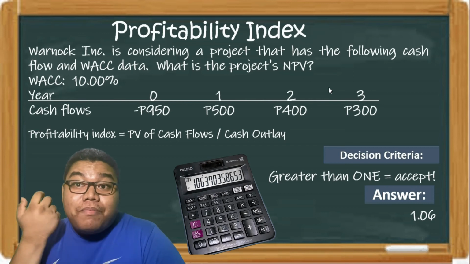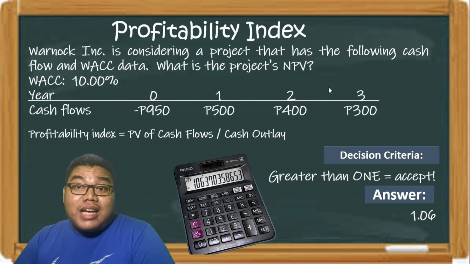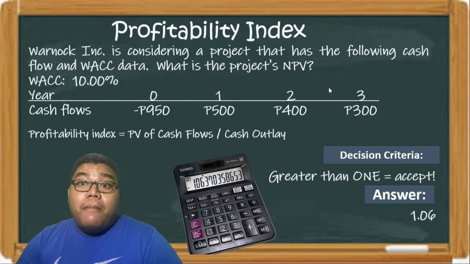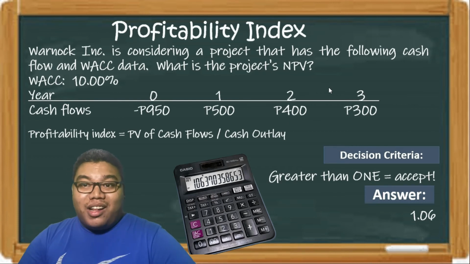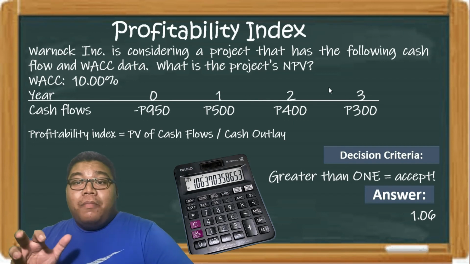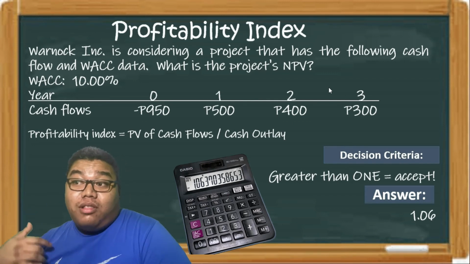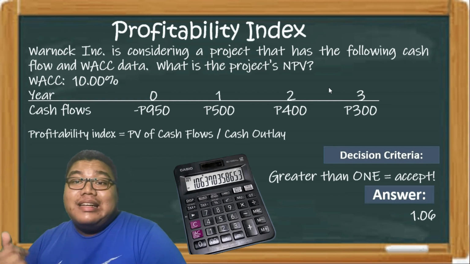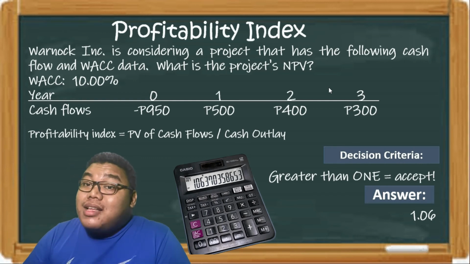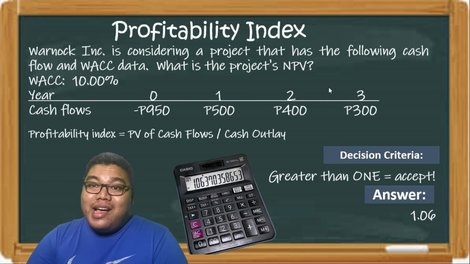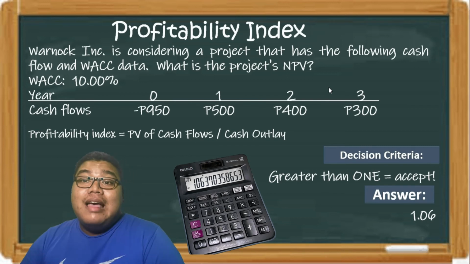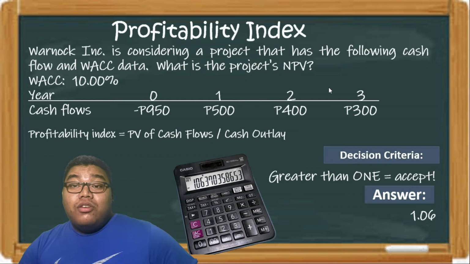And your profitability index would be equal to 1. So if the profitability index is greater than 1, then you have a positive net present value. And if your profitability index is less than 1, your net present value is negative.